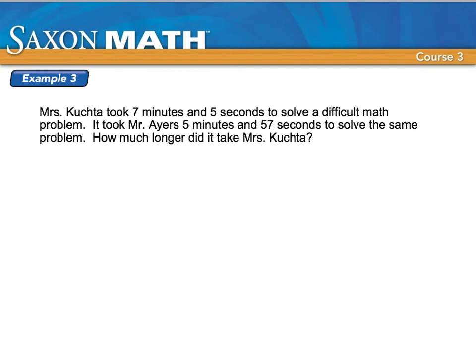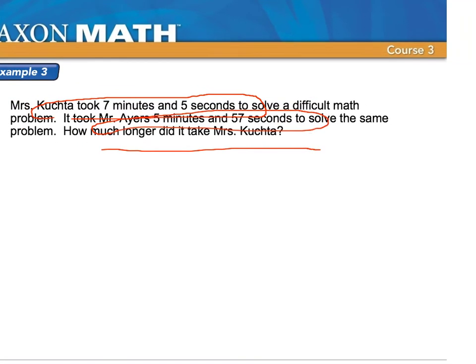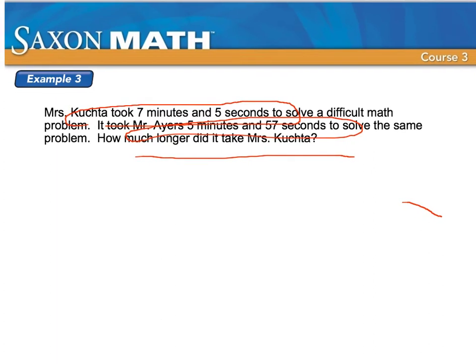Let's start by circling what we know. We know it took Mrs. Kukta 7 minutes and 5 seconds, and it took Mr. Ayers 5 minutes and 57 seconds, and then we want to know how much longer. So this is a comparing problem. How much longer says we're comparing. So I'm going to take Mrs. Kukta's time minus Mr. Ayers' time.